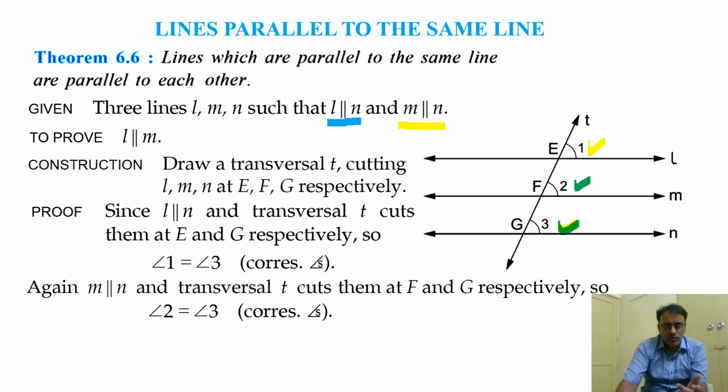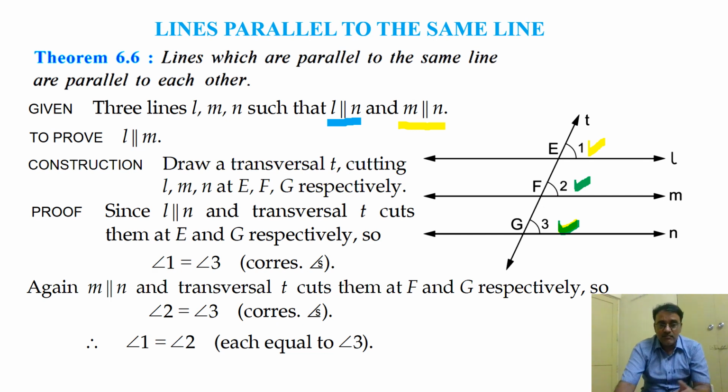So from these two, both the angles are equals to angle 3. So we can conclude that angle 1 is equals to angle 2. But angle 1 और angle 2 क्या है?